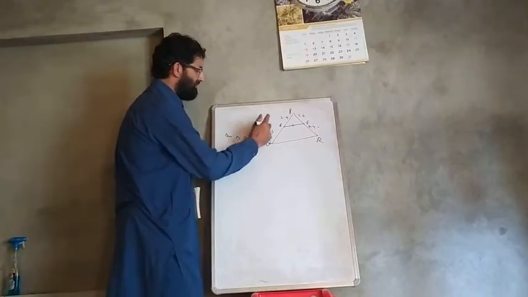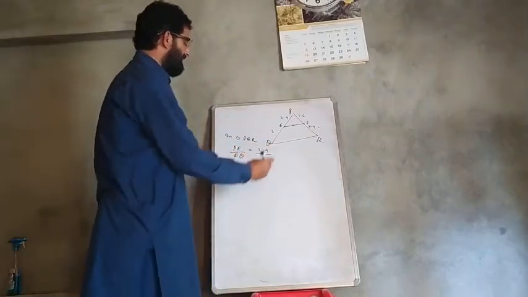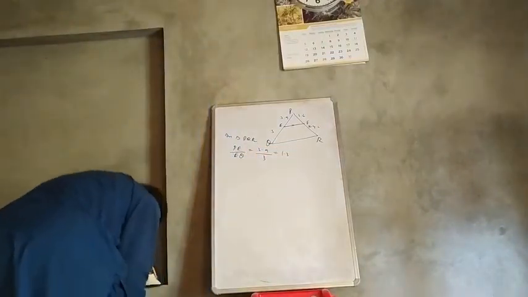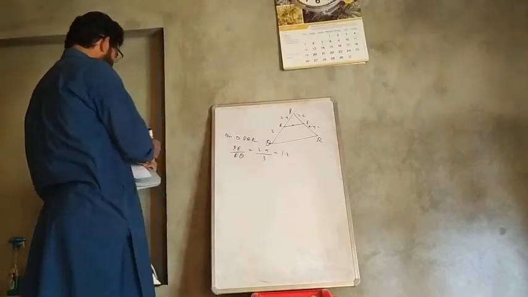Let's find this ratio. This is equivalent to 3.9 divided by 3. So this is 1.3.